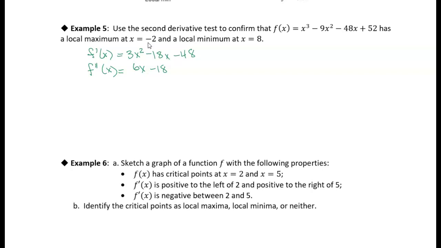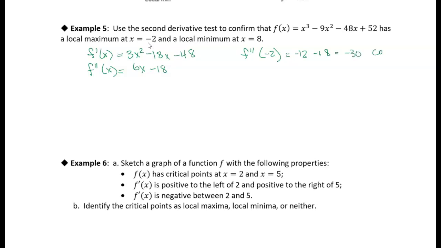All right. So now, by the second derivative test, I want to evaluate these critical points with the second derivative. So I'm going to look at the second derivative at -2, because that's going to tell us the concavity. If I put -2 into my second derivative, I get -12 minus 18, and that gives me -30.